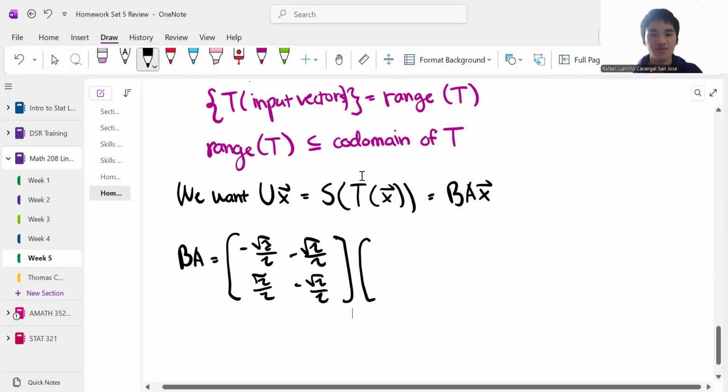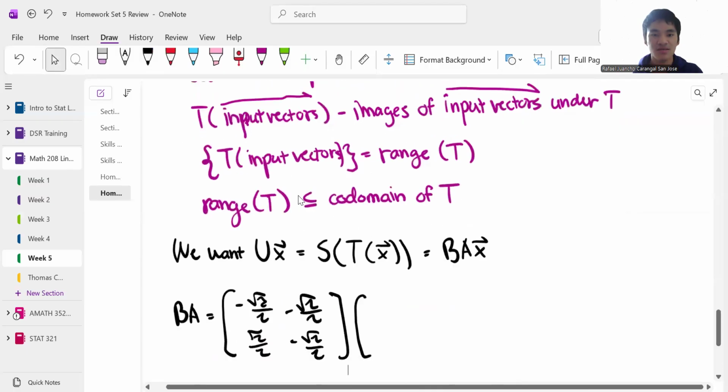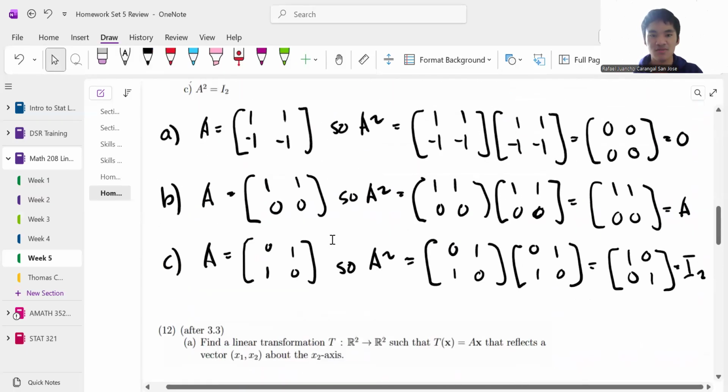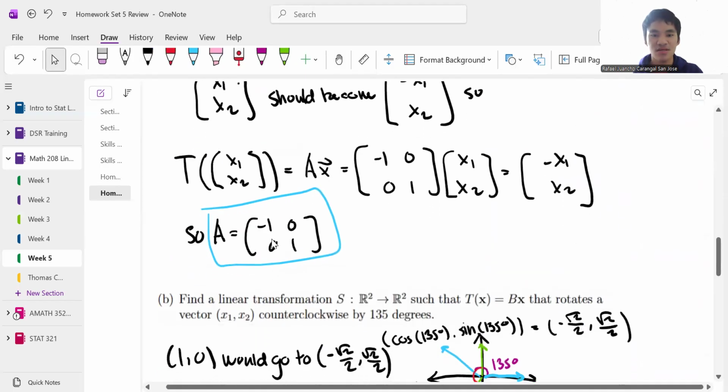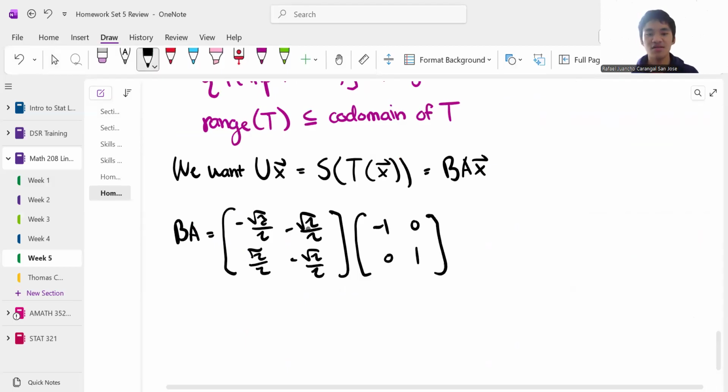And then we're going to multiply it by a matrix, no, this is the thing that's rotating it. And then we need the thing that's reflecting it, the matrix. So that one's going to be negative 1, 0, 0, 1. And this works because the number of columns of B is equal to the number of rows of A. And so we get a matrix out of that.